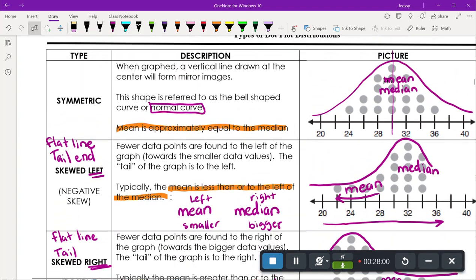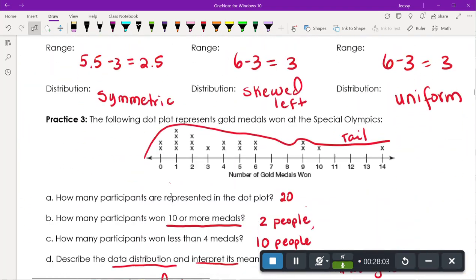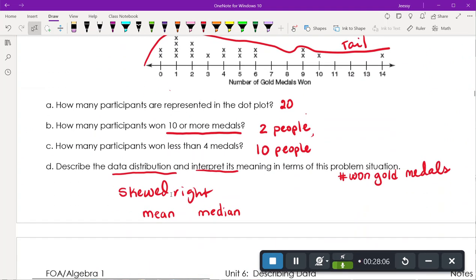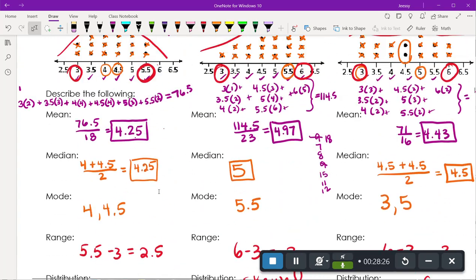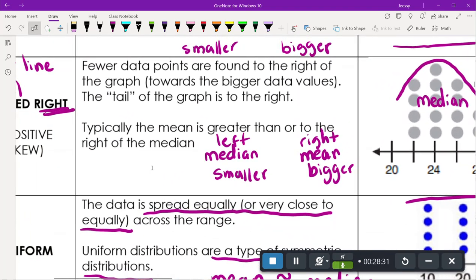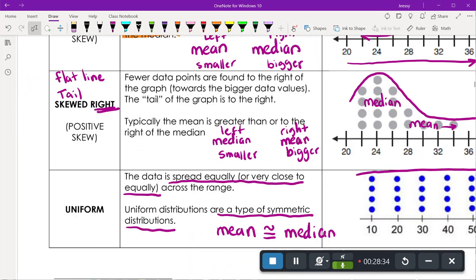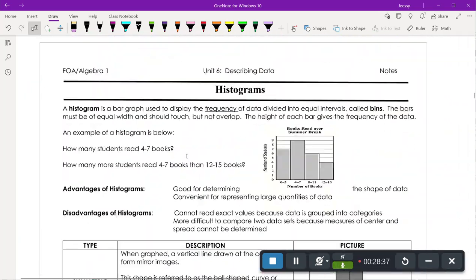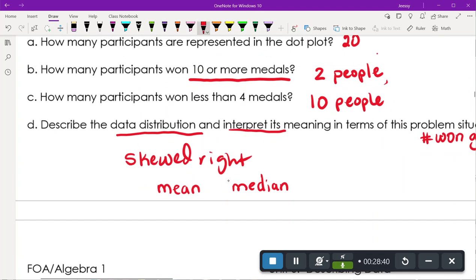I have it written all over my notes. So now, with this type of distribution, are they equal? Is one bigger than the other one? And if so, which one? The median is bigger? The mean is bigger. Right? That's what you all have in your notes. So the mean is bigger? Okay. There we go.